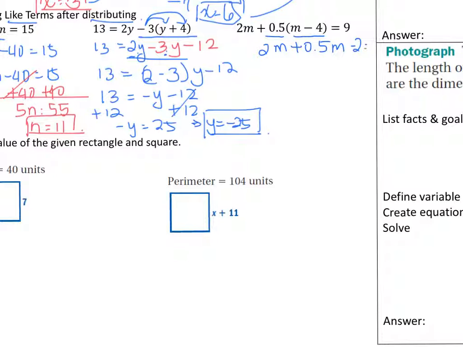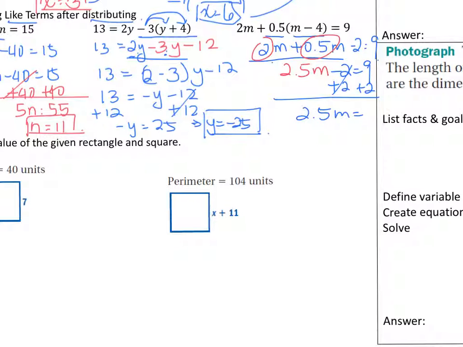And that equals 9. 2m plus 0.5m, I could take 2 and add it to 0.5 to make 2.5m. And now I can add 2 to both sides. And I divide by 2.5.